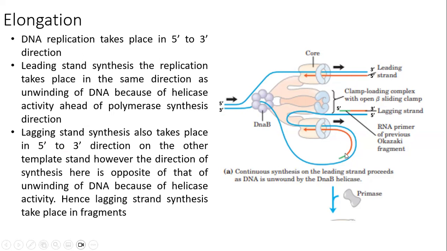While lagging strand synthesis is taking place in the opposite direction, it is again in 5' to 3' direction, but it is the opposite direction of the unwinding of DNA by the enzyme DNA helicase, and hence lagging strand synthesis will take place in fragments.